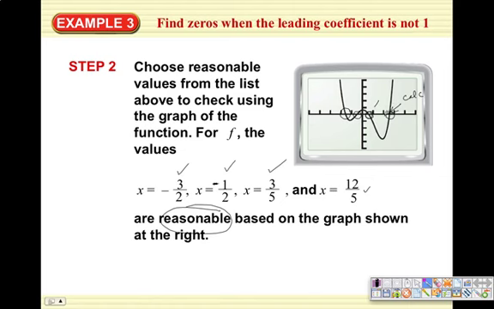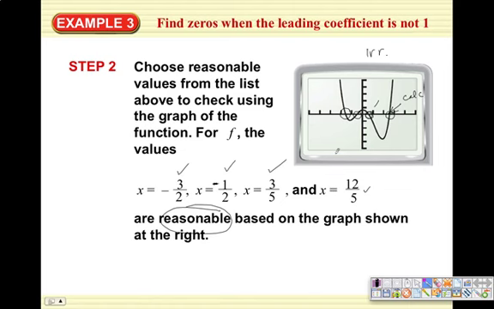And some of those answers are going to be weird decimals, which means those are irrational numbers. You can't get the answer from that. So you go to the next zero, until you get a nice fraction one, like 3/5 is 0.6 or 12/5 is 2.4.